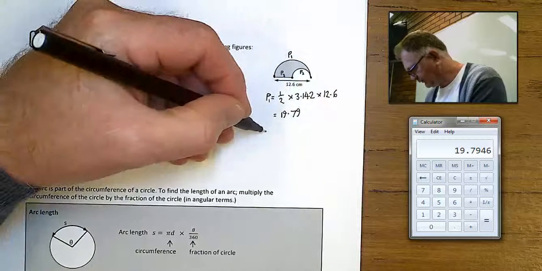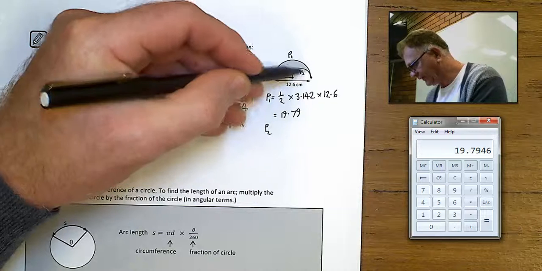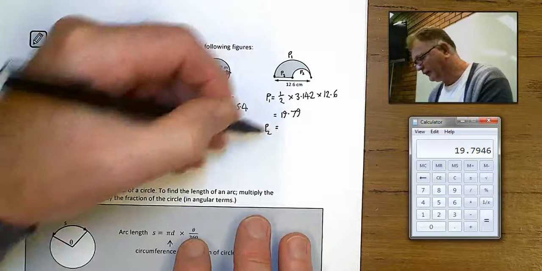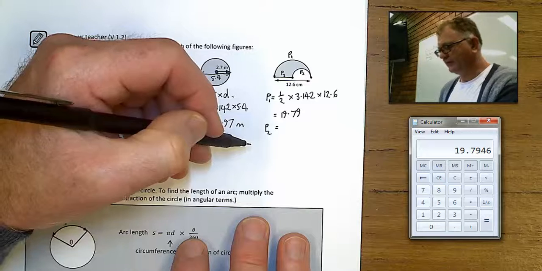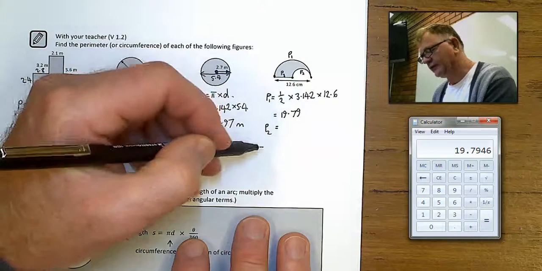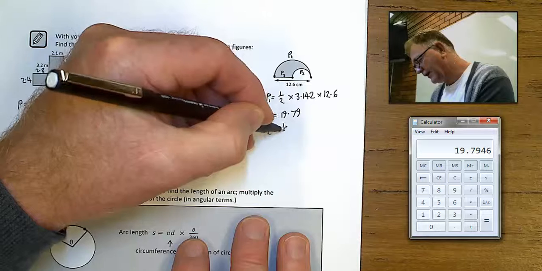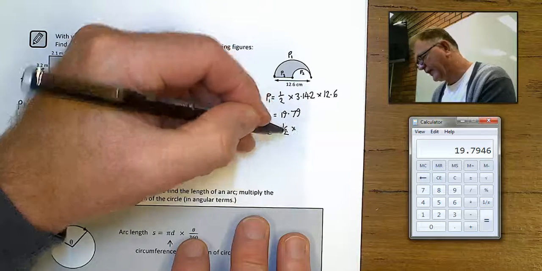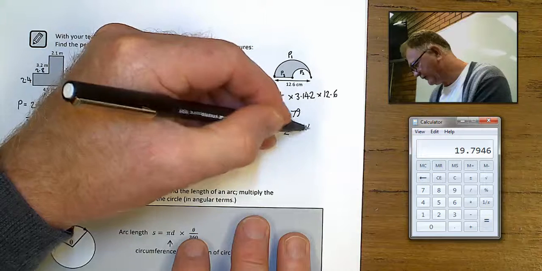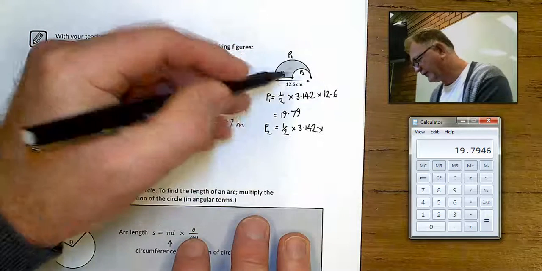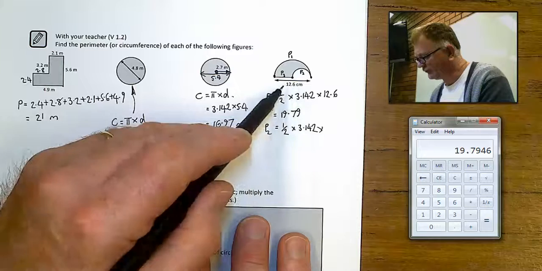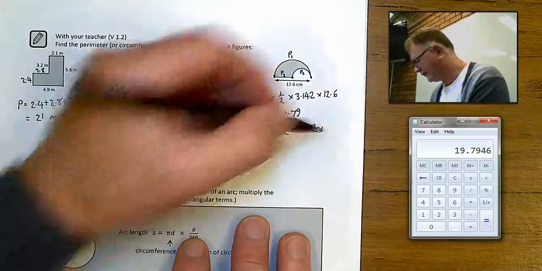Now P2 is the distance from here to here, and once again it's half a circle, so a whole circle would be 3.142 times its diameter, and then I've got to times it by 1/2 to get the distance half the way around a circle. Half times 3.142 times the diameter from here to here. Well, it's not marked in, but I guess it's going to be half of 12.6, which is 6.3.